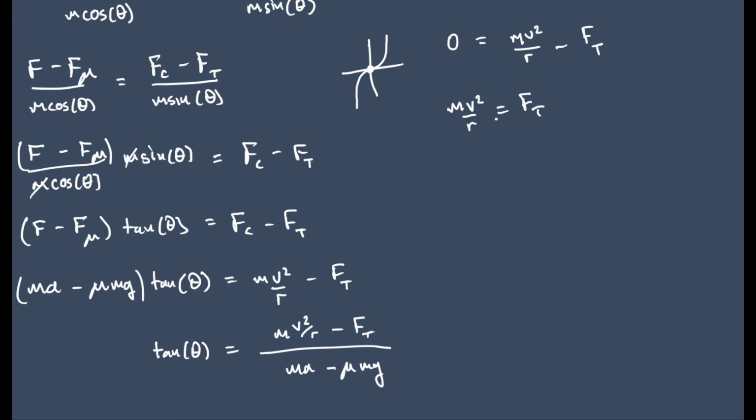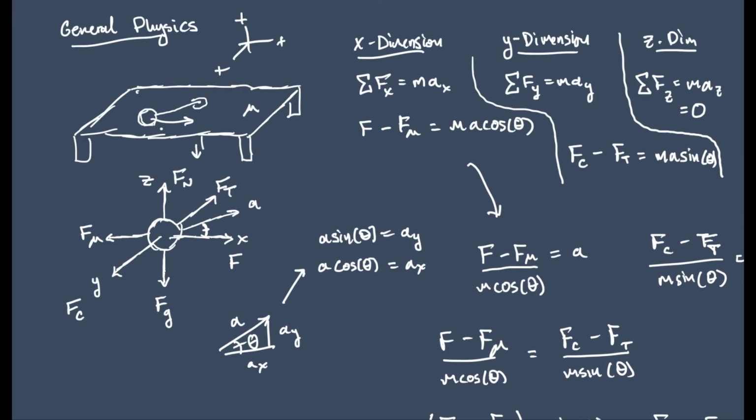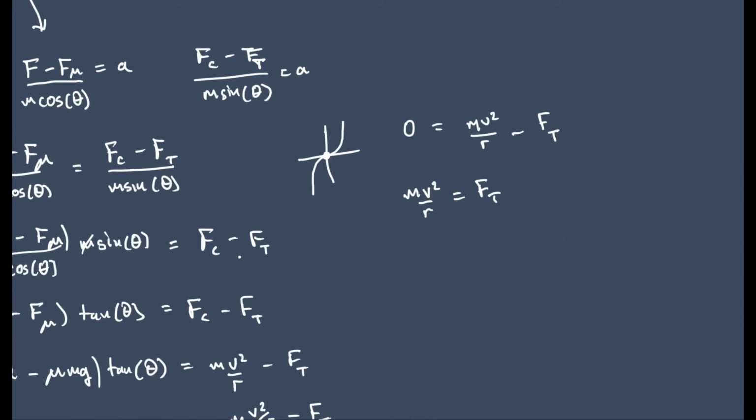Therefore, we subtract both sides and we divide by a negative, and we get this. And this is a force. This is the centripetal force in this case, is the force due to friction. So we would have to pull on this object down here with a force equal to that of the centripetal force, in order for this value to be 0. And so this is a confirmation check for us.